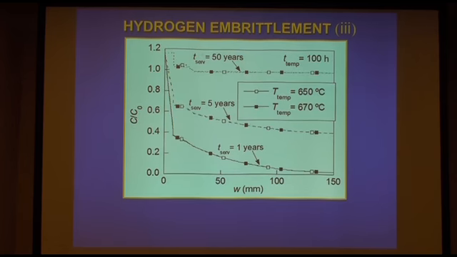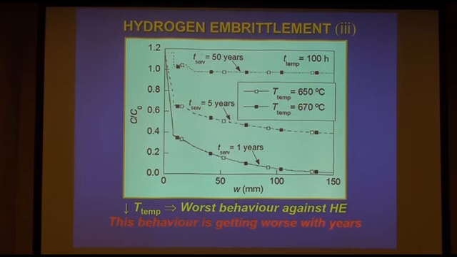With regard to the tempering temperature, 650 and 670, we have a really slight effect. In this case, we have worse behavior against hydrogen embrittlement for lower tempering temperature, but it is not easy to see. Here, this behavior is getting worse with years.